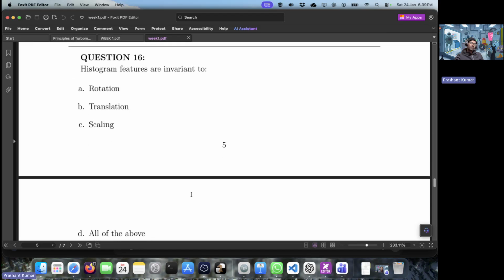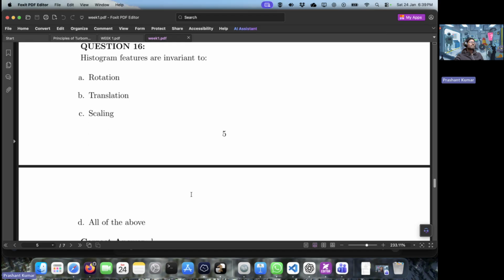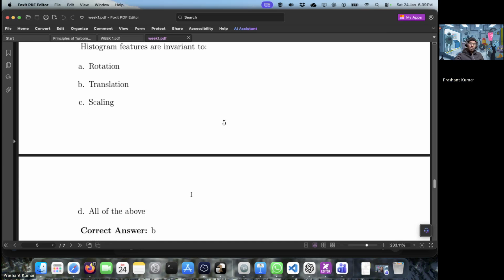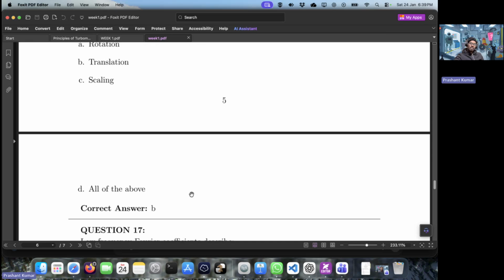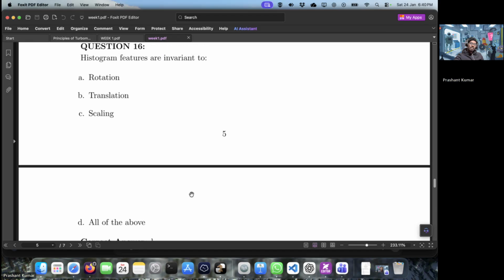But scaling means either you are zooming in or zooming out. However, all the pixel values are the same, so all of them will be invariant. I think the option should be D. Okay.